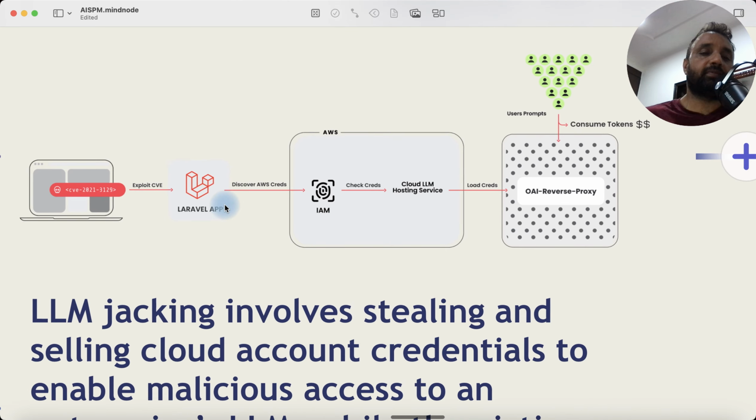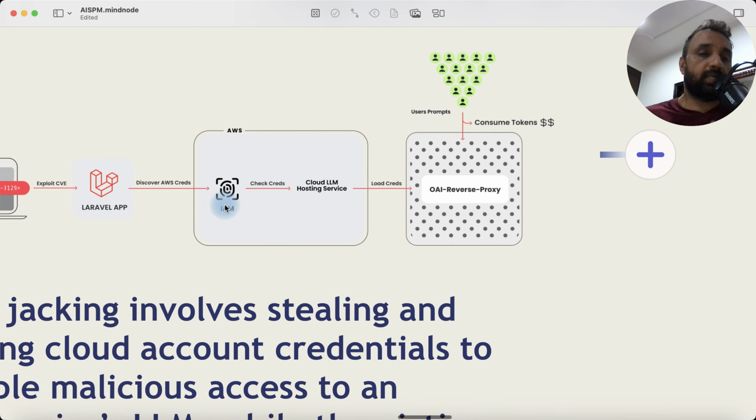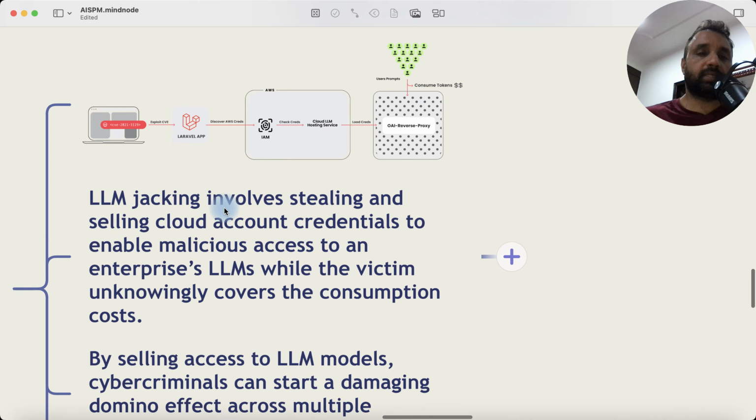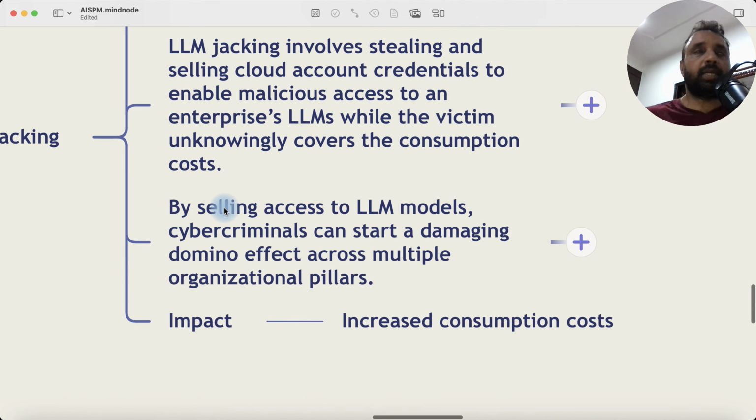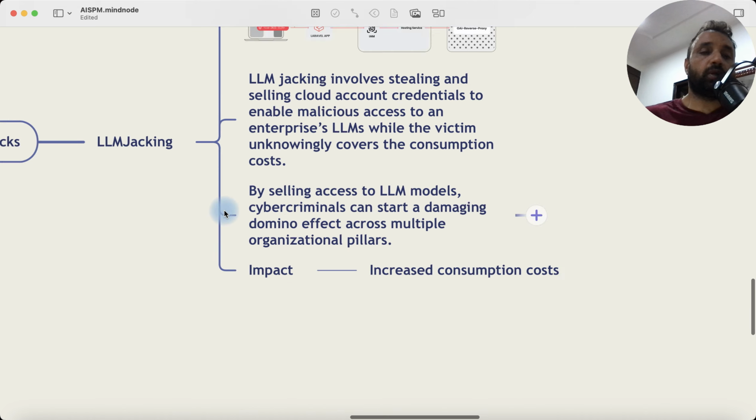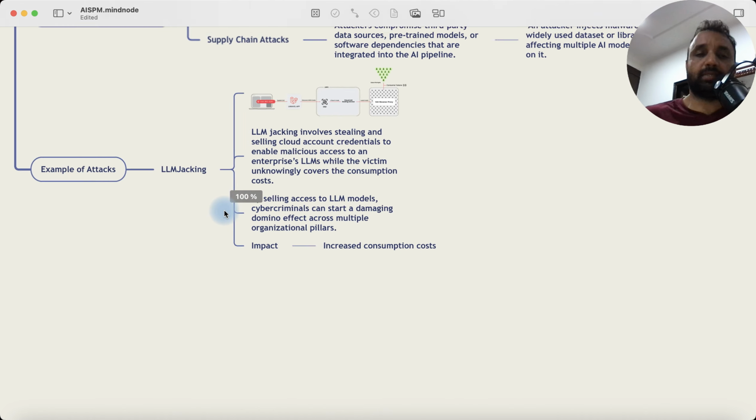They can then discover the AWS credential, assuming this is on the AWS service, and then discover the AI services that are activated there and sell these at a cost. And the end user who's paying for this service from AWS doesn't come to know. So this is common, and essentially this leads to increased consumption costs for the end user of that AWS service on which this was hosted.